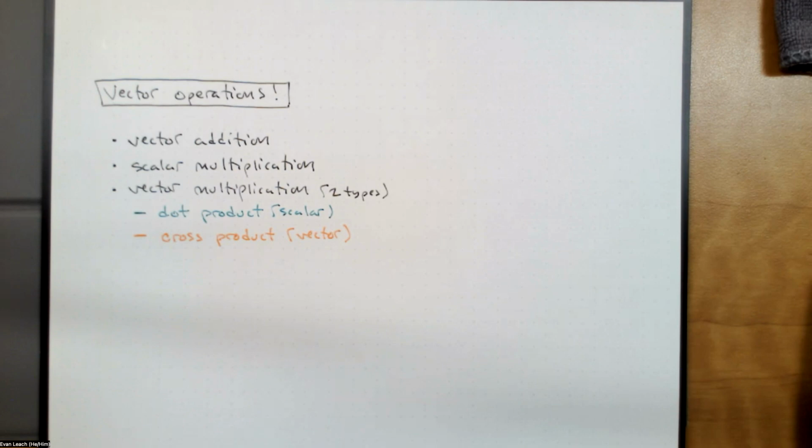These are the operations that we can apply to vectors. Vector addition, scalar multiplication, and then two kinds of vector multiplication. The first two, vector addition and scalar multiplication, we combine those two to form linear combinations. These are the two that we use to make linear combinations.